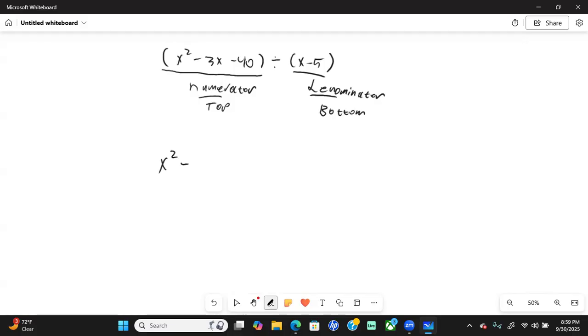X squared minus 3x minus 40 divided by x minus 5. Well, I know I can write this as x squared minus 3x minus 40 divided by x minus 5.